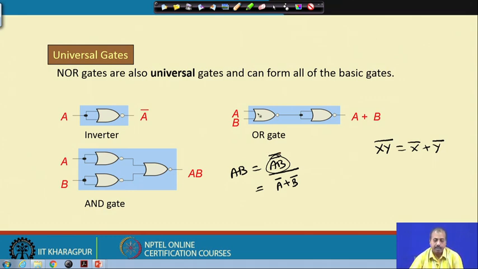So, what we have here is A bar NOR B bar, that NOR operation. For getting A bar from A, use another NOR gate as an inverter, and for getting B bar from B, use another NOR gate as an inverter. That way we can do this.